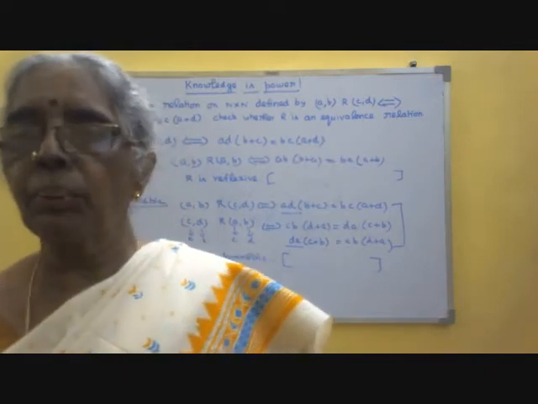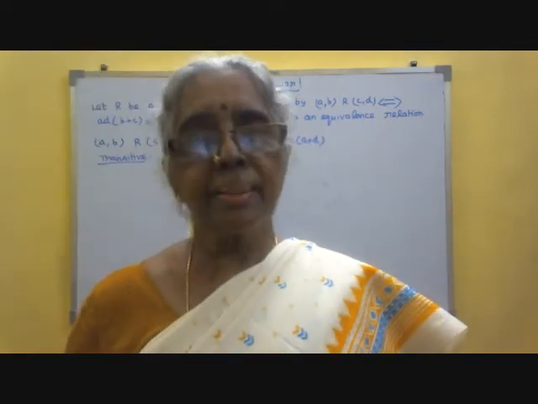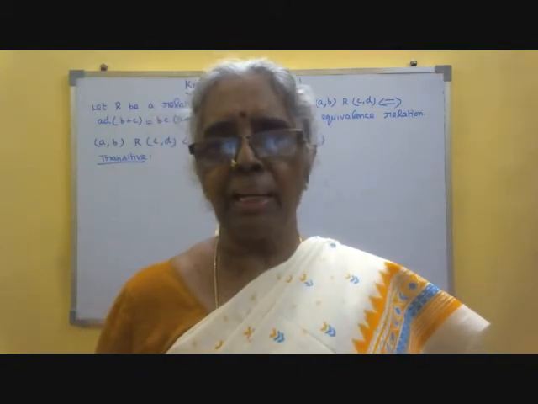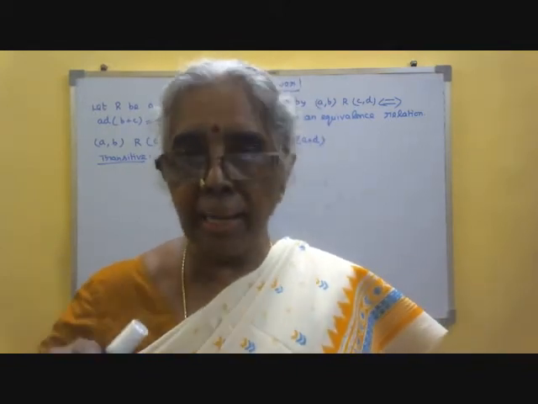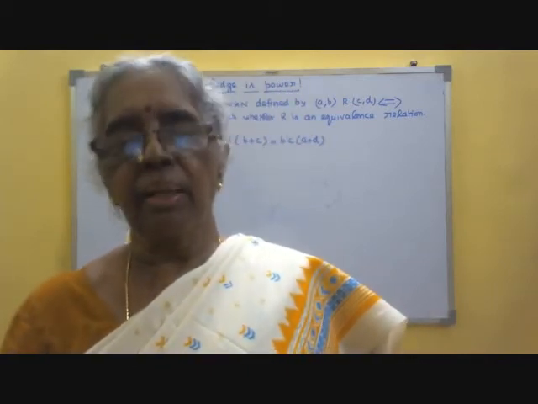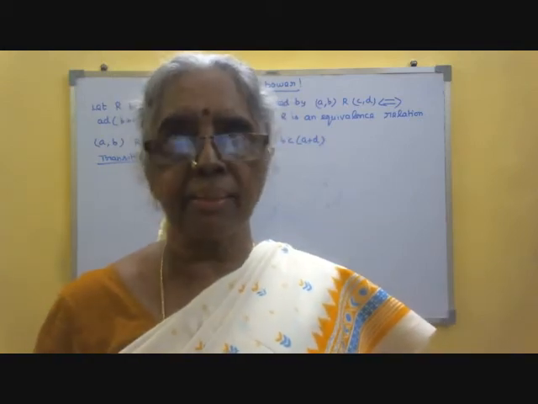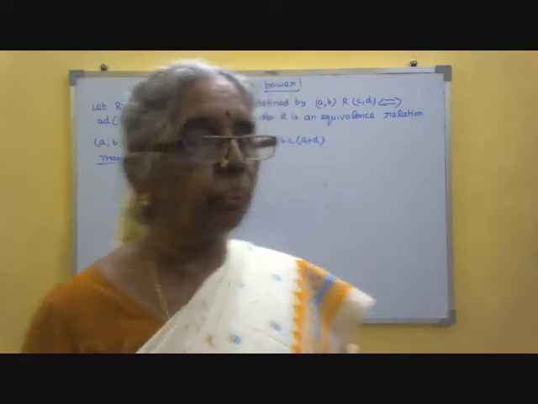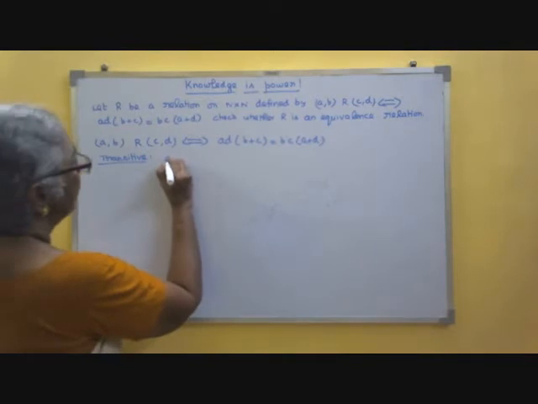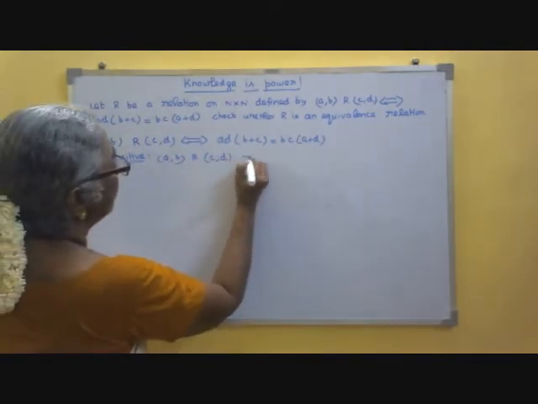Now let us prove the transitive part of it. What is transitive? If (A, B) is related to (C, D) and (C, D) is related to (E, F), that implies (A, B) is related to (E, F), you can say R is transitive. So now we will take (A, B) related to (C, D).